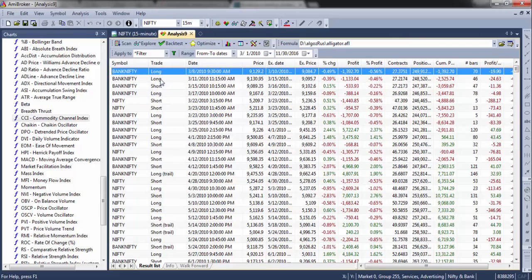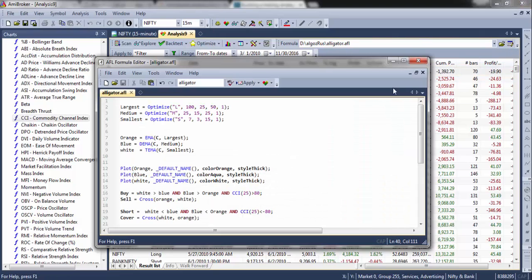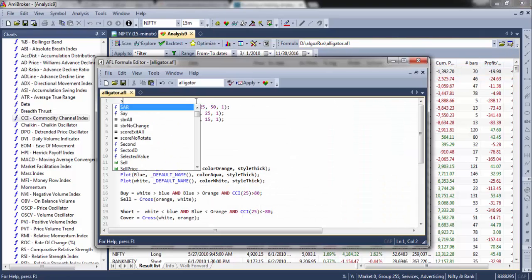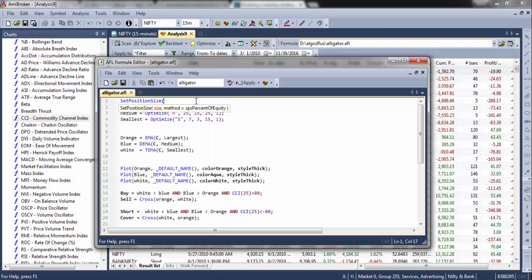What we basically want is that it should keep equal capital in both of them. So for example, you have 10 lakh rupees, 5 lakh should be for Nifty and 5 lakh should be for Bank Nifty. Now this can be done with a very simple formula, which is set position size, 50.